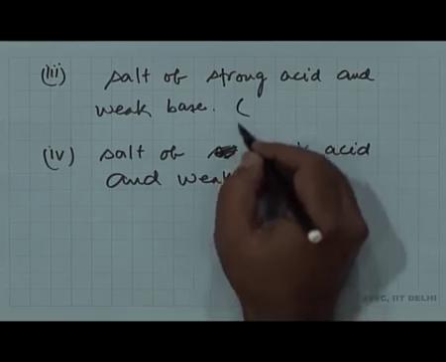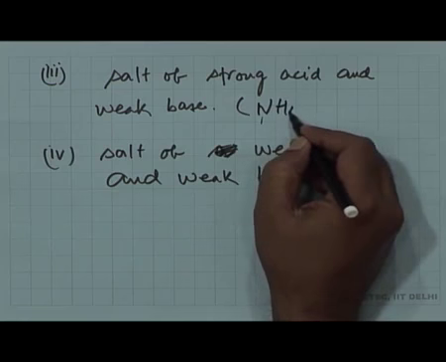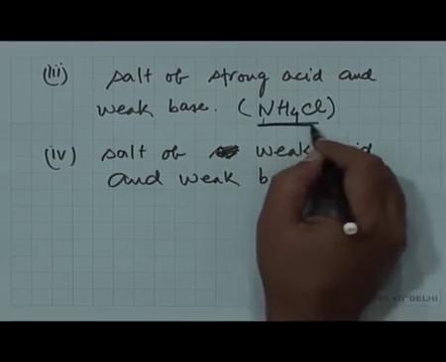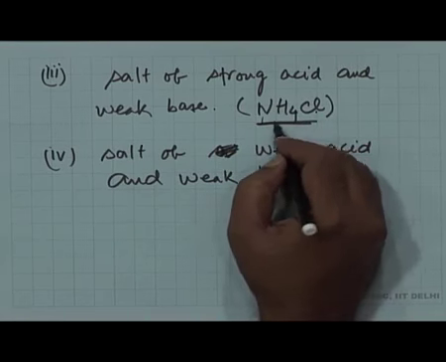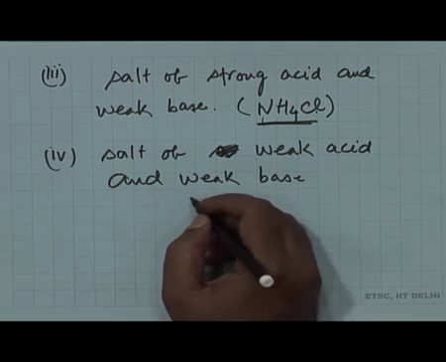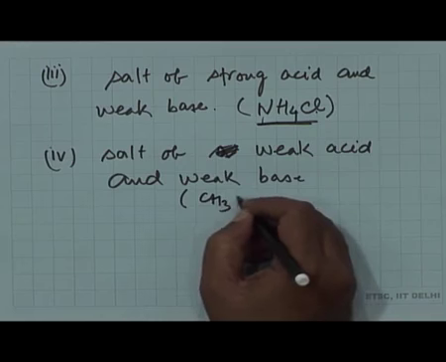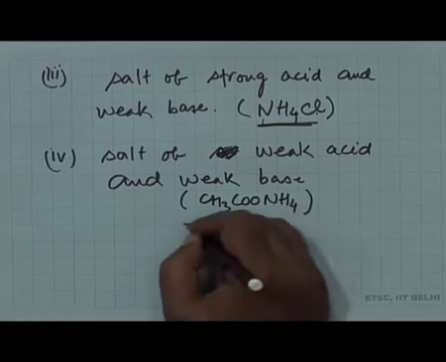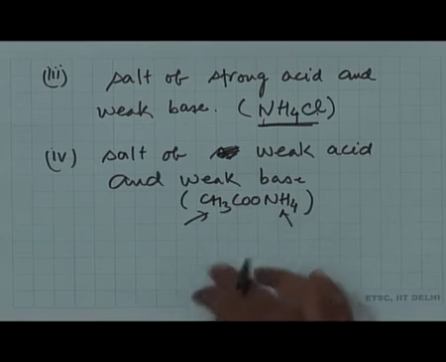So, here the example is NH4Cl. It is a salt of HCl, which is a strong acid, and ammonia solution, which is a weak base. And last is ammonium acetate. So, this is a weak acid, this is a weak base, a salt of these two.